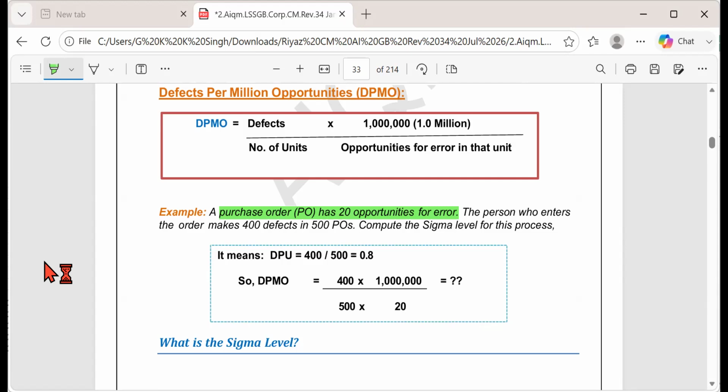So now, there is a table in our book from where you can convert the DPMO to sigma level.